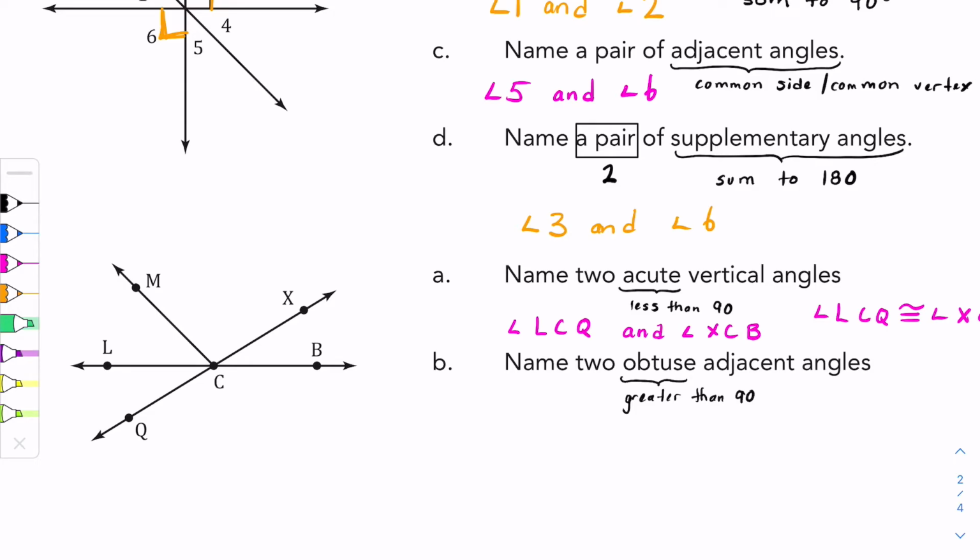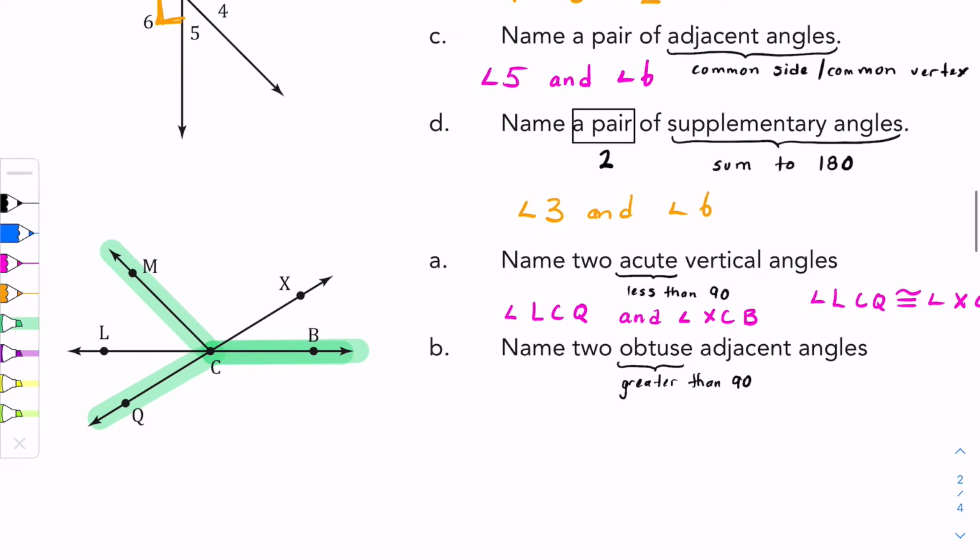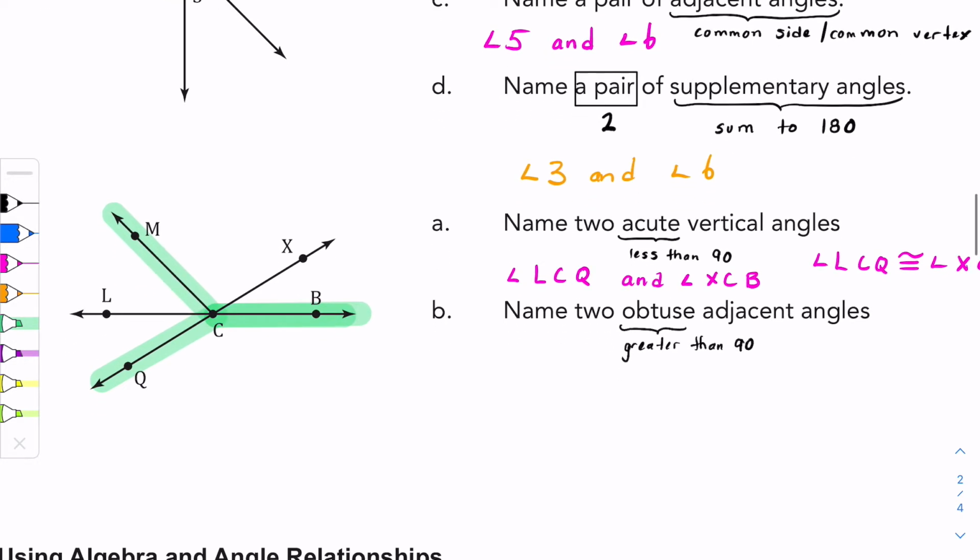I'm going to label my answer, a possibility, angle MCB and also angle BCQ. Both of those are larger than 180. I'm sorry, larger than 90, but share a common side, and they also share a common vertex.